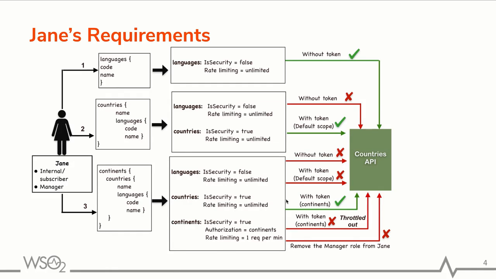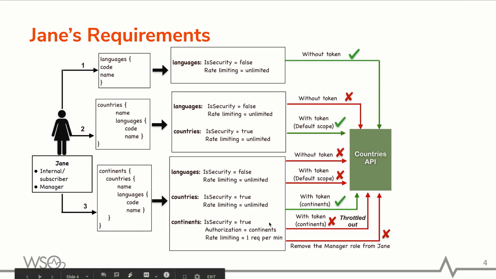When invoking the API using a token with the continents scope, the request will be successful. When sending the next request within the 1 minute period, the request will be throttled out according to the throttle policy defined for the continents operation. Also, Jane can't invoke the API without manager role permissions.